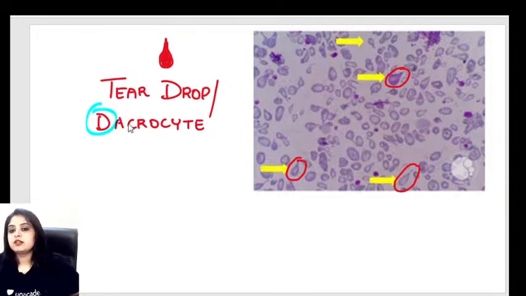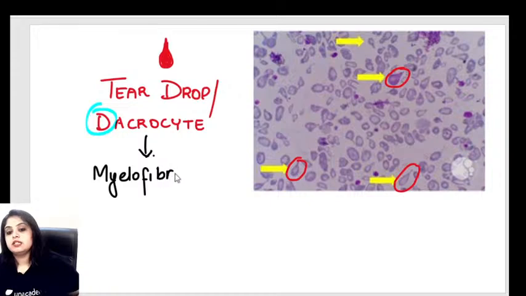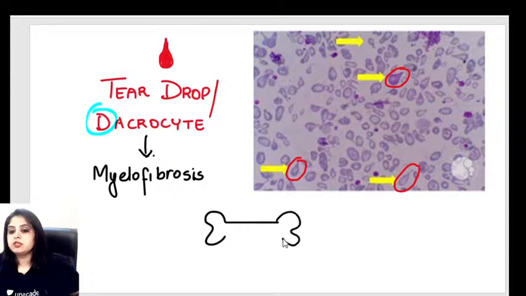First tell me, this dacrocyte or teardrop cell, which condition is it seen in? Everyone's right. This is seen in myelofibrosis, a very important question that you get in the exam. I'll tell you the concept behind it. When they say myelofibrosis, I'll draw this bone marrow out here. They mean in the bone marrow, there is a lot of fibrosis.